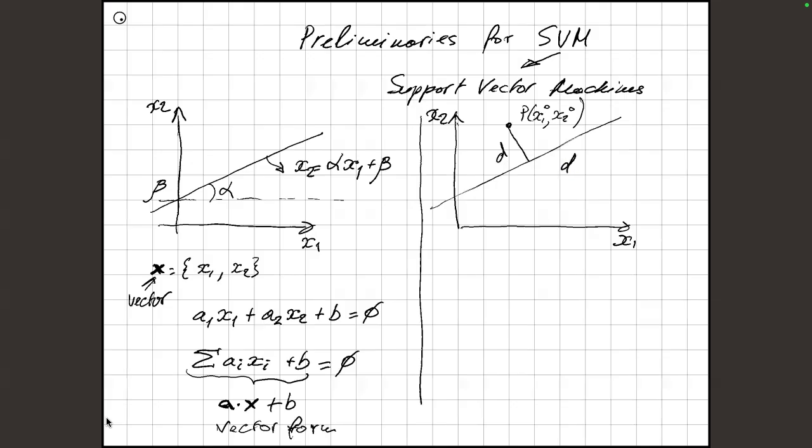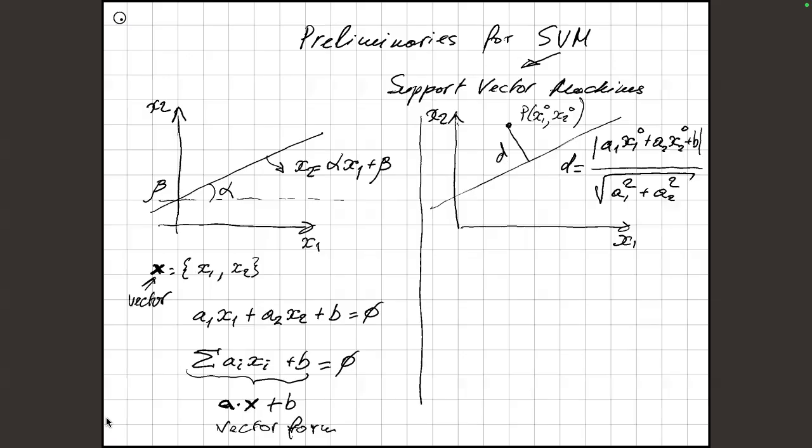If you use this parametric form for the line, the distance takes this form: modulo of A1 x1,0 plus A2 x2,0 plus b, modulo, divided by the square root of A1 square plus A2 square.